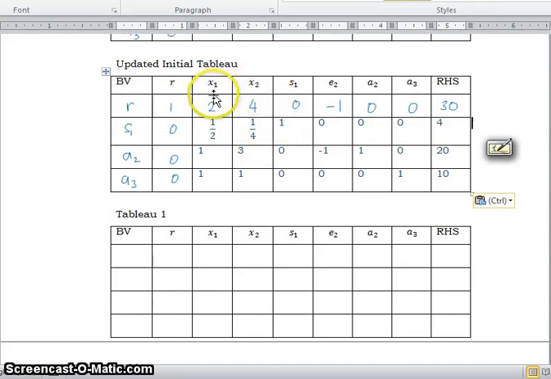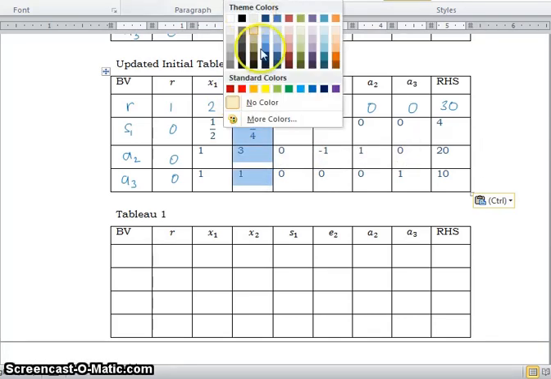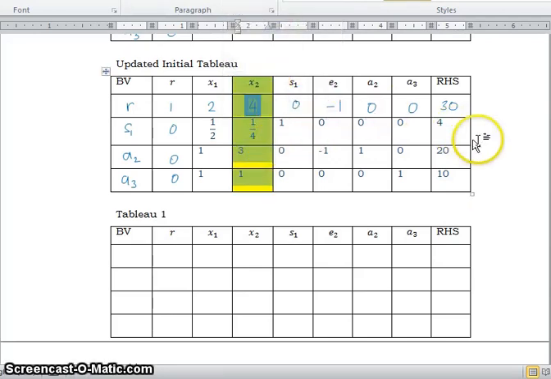Since x2 and x1 have positive coefficients, this tableau is not the optimal tableau. Okay, we need to choose the variable with the most positive coefficient as the entering variable. Then, to select the leaving variable, we need to calculate the ratio.